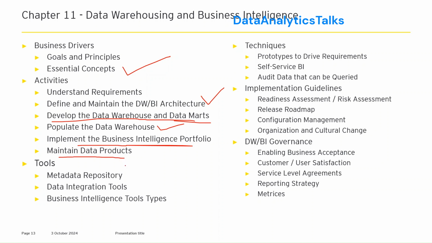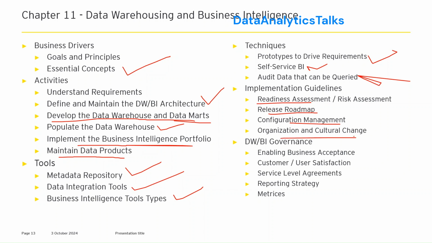In the tools, we have metadata repository, data integration tools, business intelligence tools, and techniques like prototype to derive requirement, self-service BI, audit data that can be queried, and implementation guidelines: the risk readiness, then release roadmap, configuration management, organization and cultural changes.